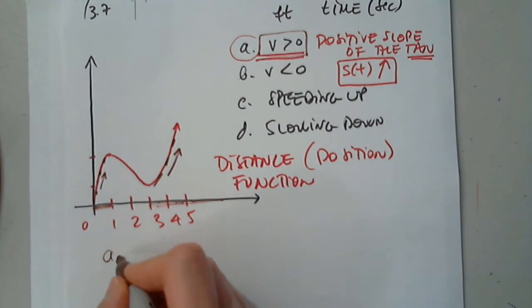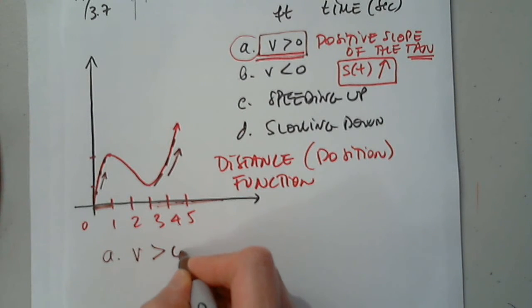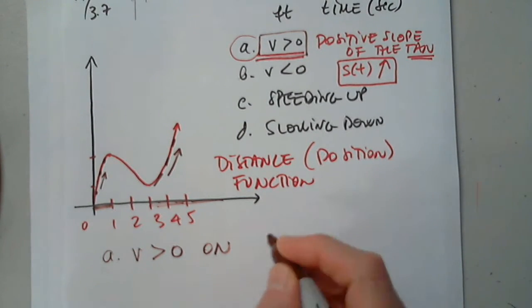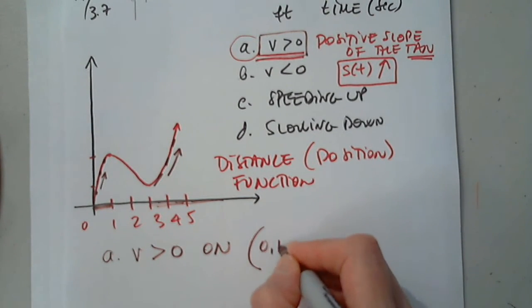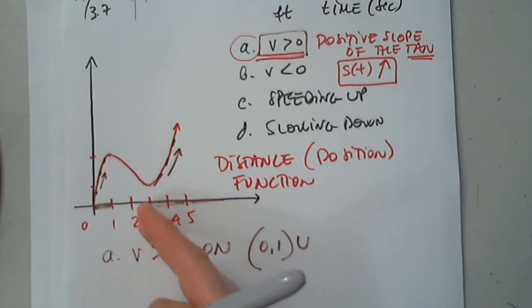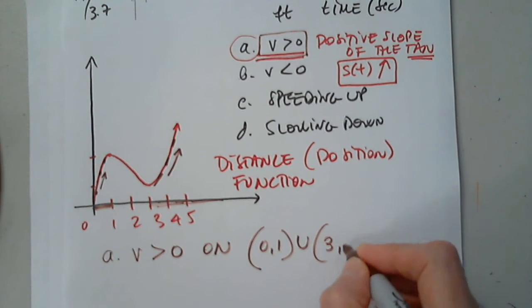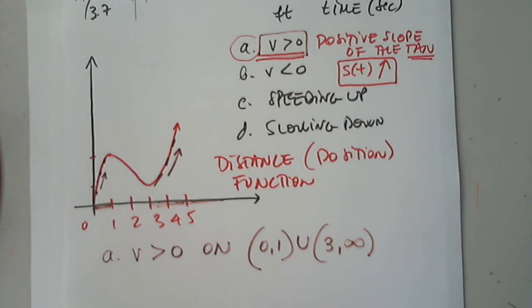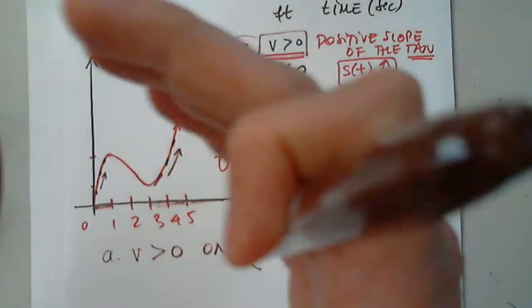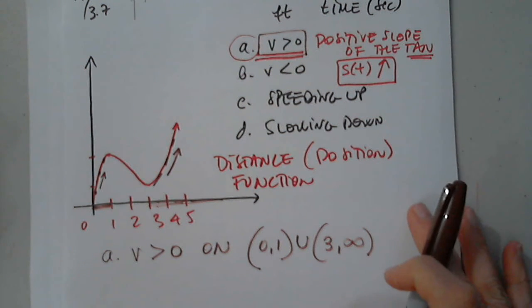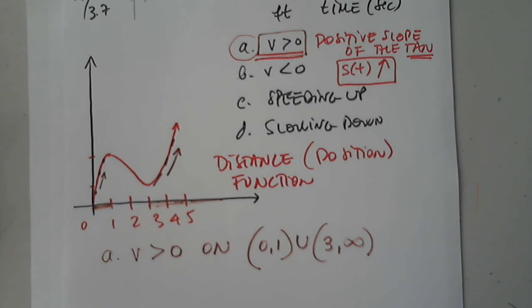So I will say in part A, velocity positive on the interval (0, 1) union (3, infinity). That's where the velocity is positive. Any questions before we continue?